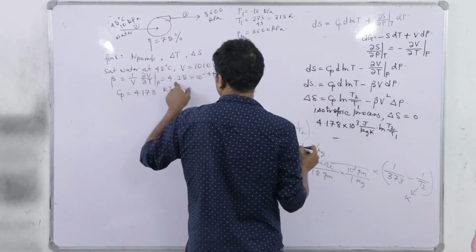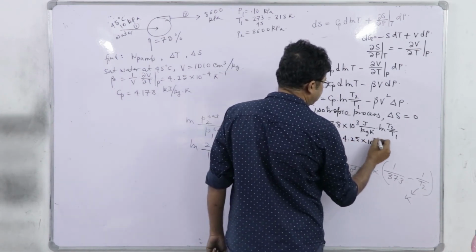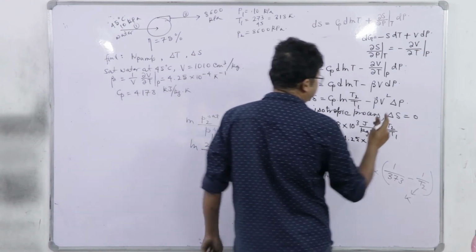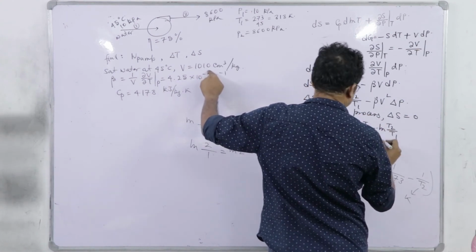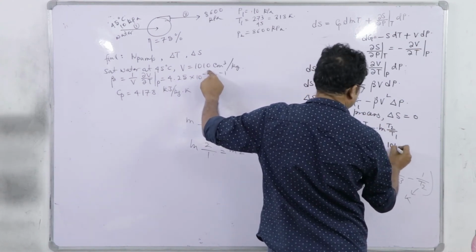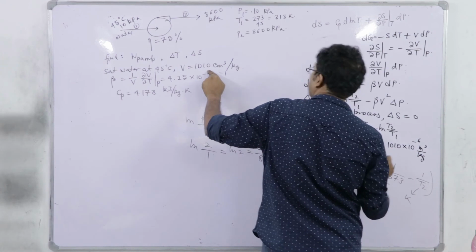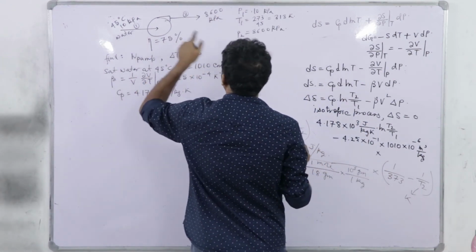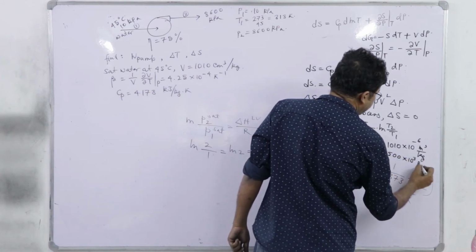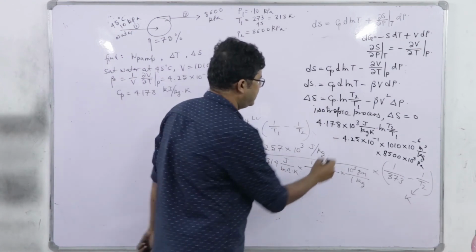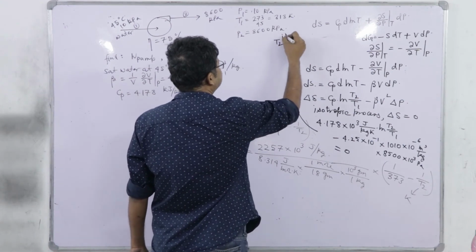Convert everything to SI units, 4.25 into 10 to the power minus 4 Kelvin inverse into V. V is centimeter cube per kg, so we have to convert it to meter cube, 1010 into 10 to the power minus 6 meter cube per kg into delta P. So, 8600 minus 10, so 8500 into 10 to the power 3 Pascal. So, from there set this equal to 0.